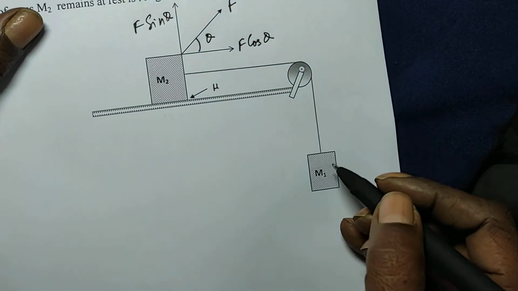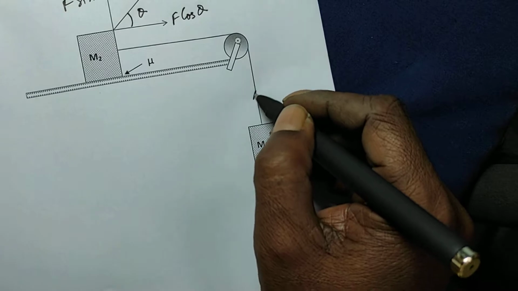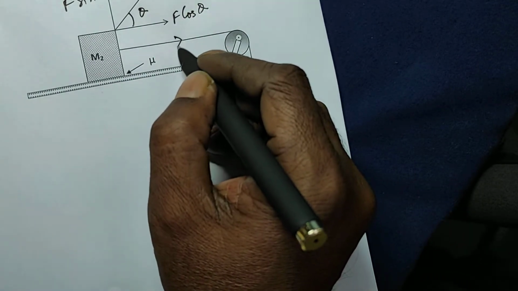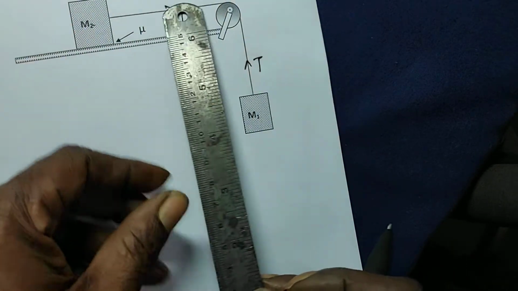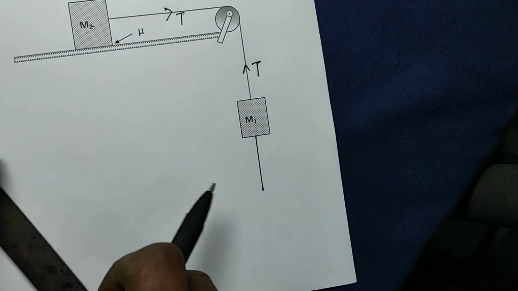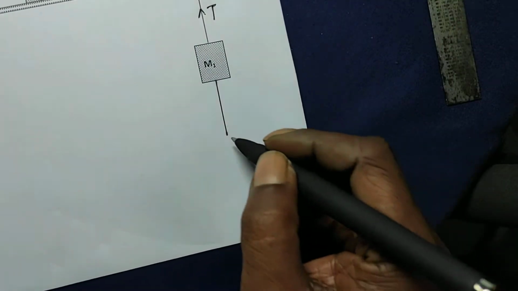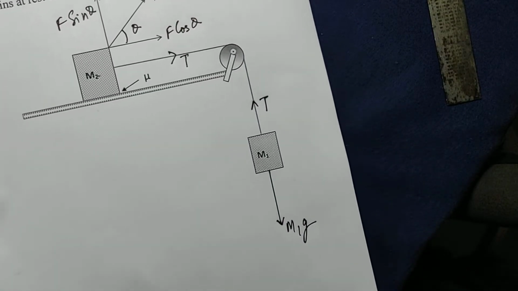And here the tension already explained for this mass away from it, the same string, the tension away from this mass, the weight of this m1 is vertically downward. Weight is a force, is nothing but its mass times acceleration due to gravity.